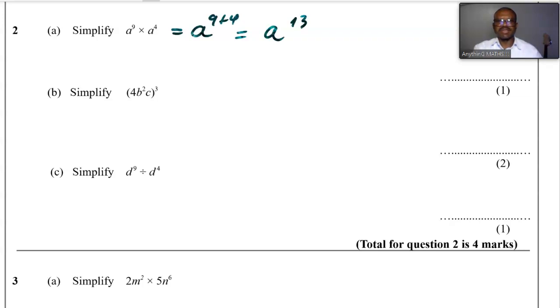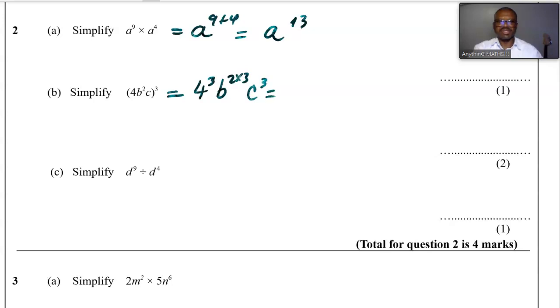Simplify. We want to get rid of this bracket, and everything is going to be affected by the power 3. So 4 raised to the power 3, b raised to the power 2 times 3, and c raised to the power 3.